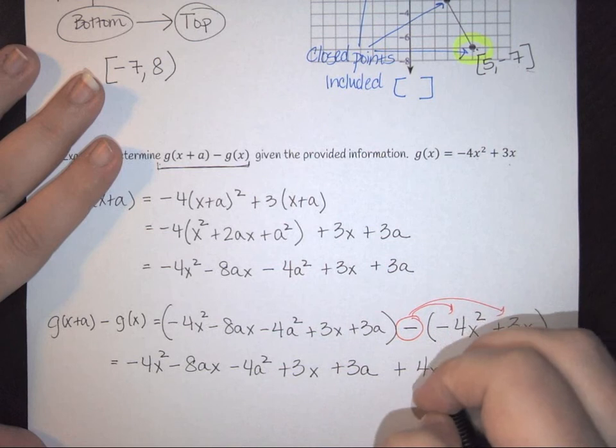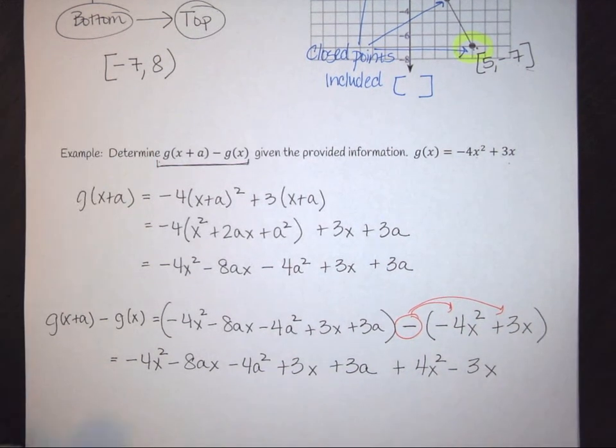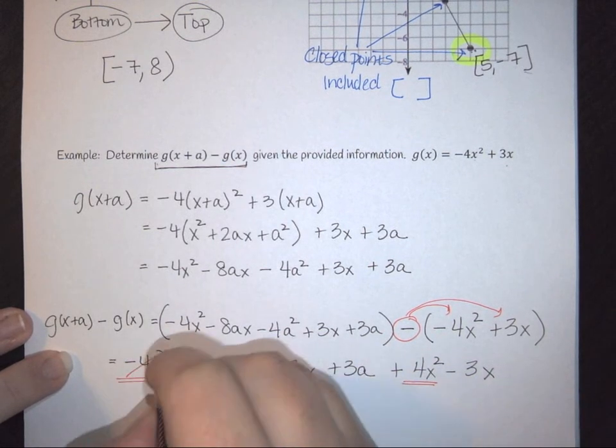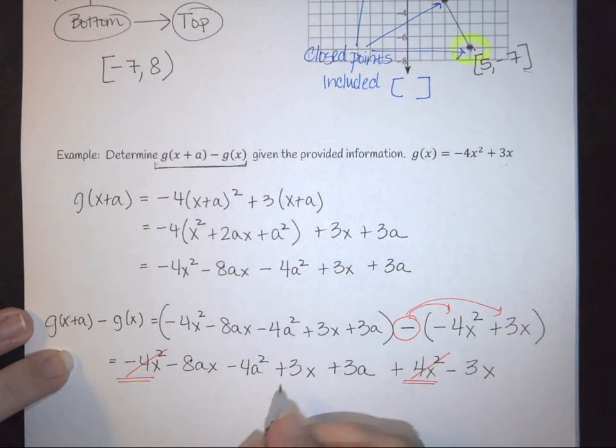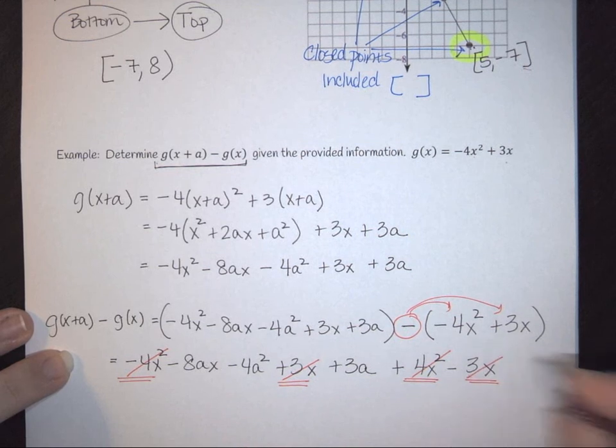plus 4x squared minus 3x. Notice I have these like terms here, so when I combine them together they should disappear, and same with these. I have these like terms, when I combine them they go away.